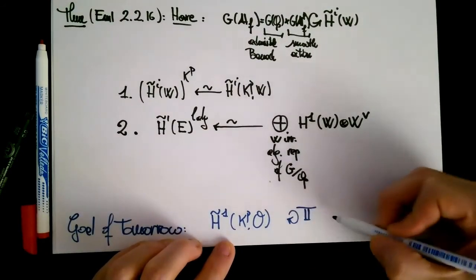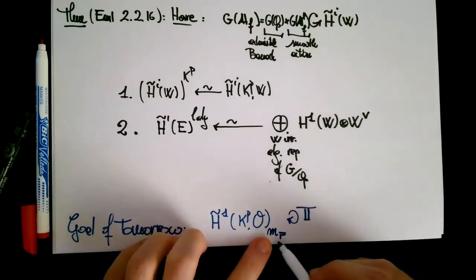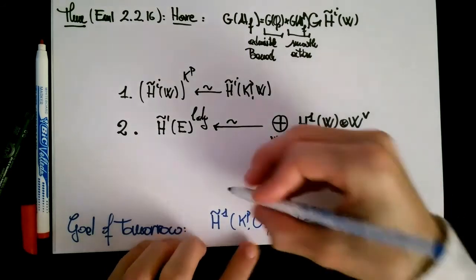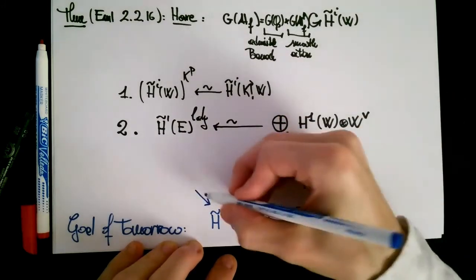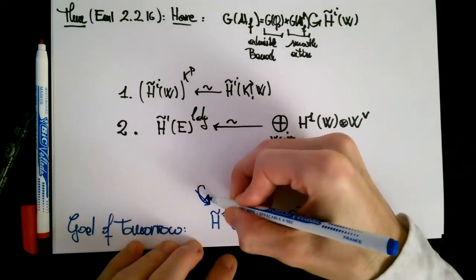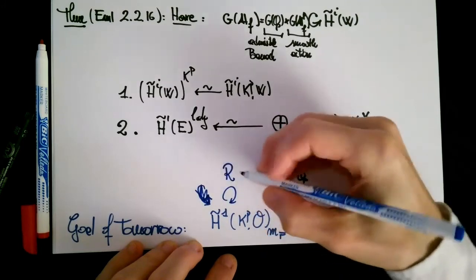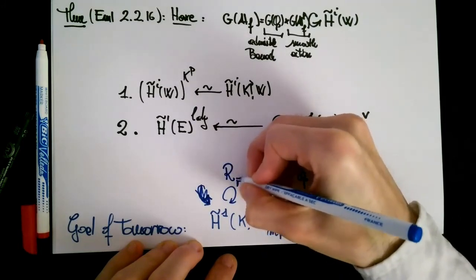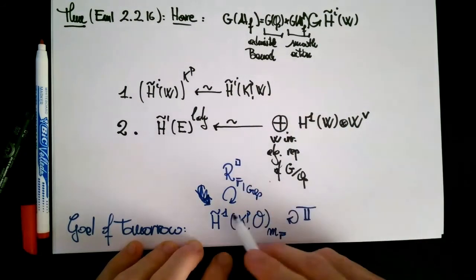Then we would like to localize at a suitable maximal ideal in the Hecke algebra related to a Galois representation. And then we would like to show that this receives an action of a local Galois deformation ring, and the action is faithful.